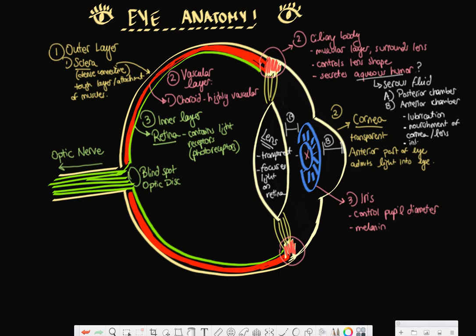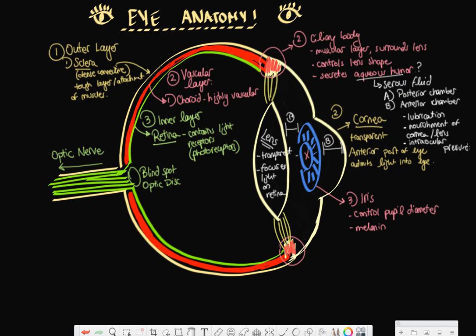And it's also important in maintaining intraocular pressure, so the pressure inside the eye. In fact, this aqueous humor is continuously being produced and drained, and this is really important so that pressure does not build up, because when pressure of the aqueous humor builds up, this is what causes glaucoma.